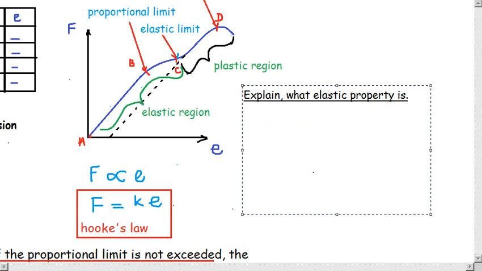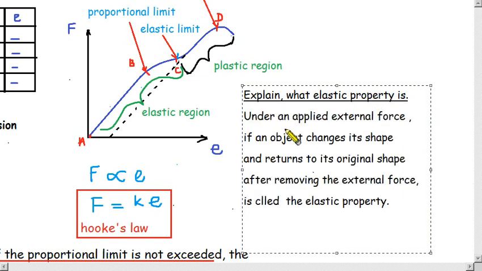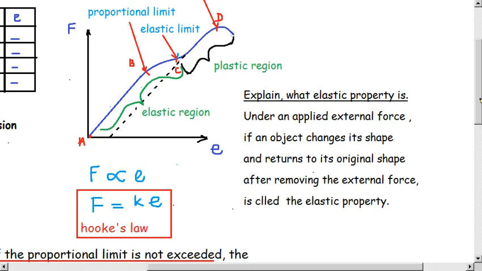Like that you can collect words to write a suitable answer. Under an applied external force, if an object changes its shape, meaning length, width, height and everything, and returns to its original shape after removing the external force that was given, it is called the elastic property. Like this you can write.